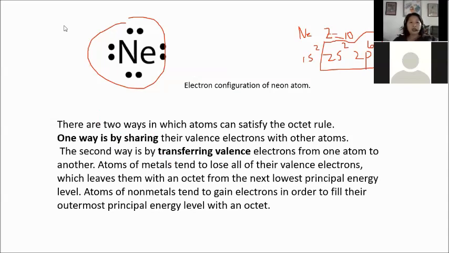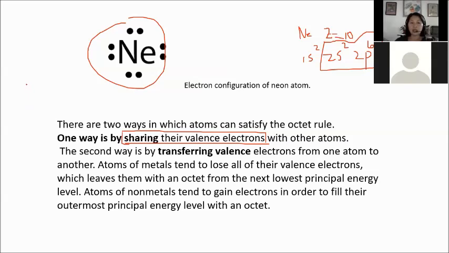Okay. So, there are two ways in which atoms can satisfy the octet rule or can follow octet rule. First is by sharing of their valence electrons with other atoms. So, para maging 8, pwedeng mag-sharing. Para maging 2, mag-sharing. Like hydrogen, no?